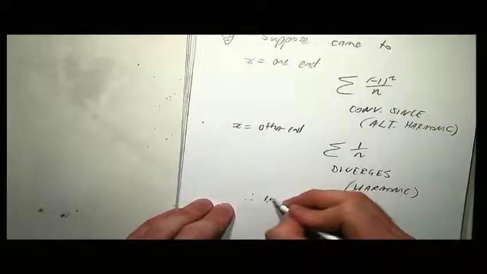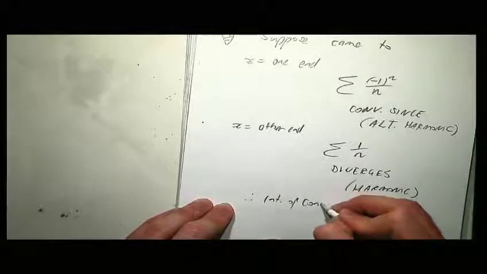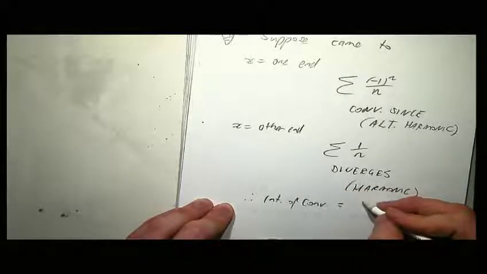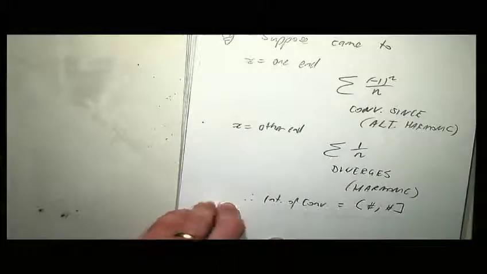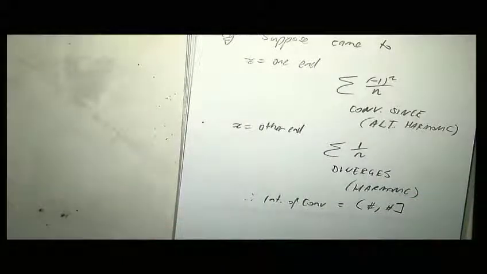And so you'll get the interval of convergence will look like something like that. That's a classic exam thing to happen, that it'll converge at one end but not the other, to show that you know about the harmonic series, basically.